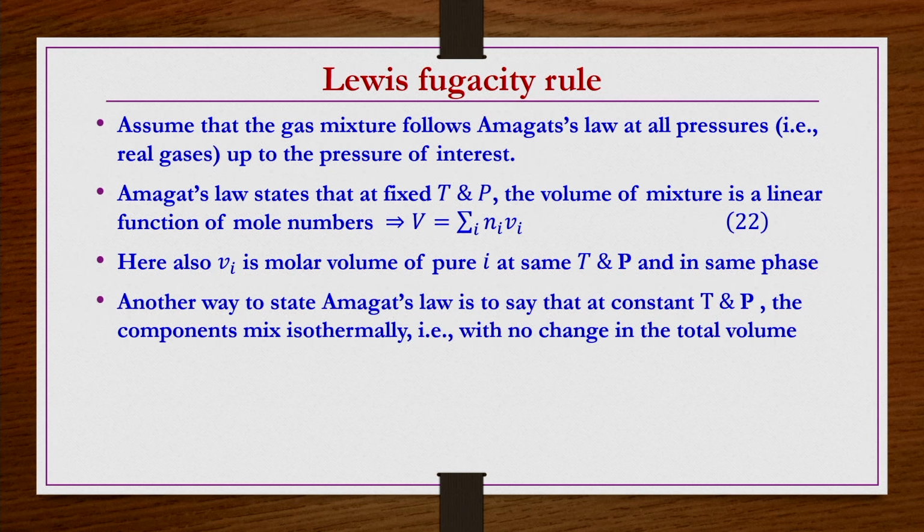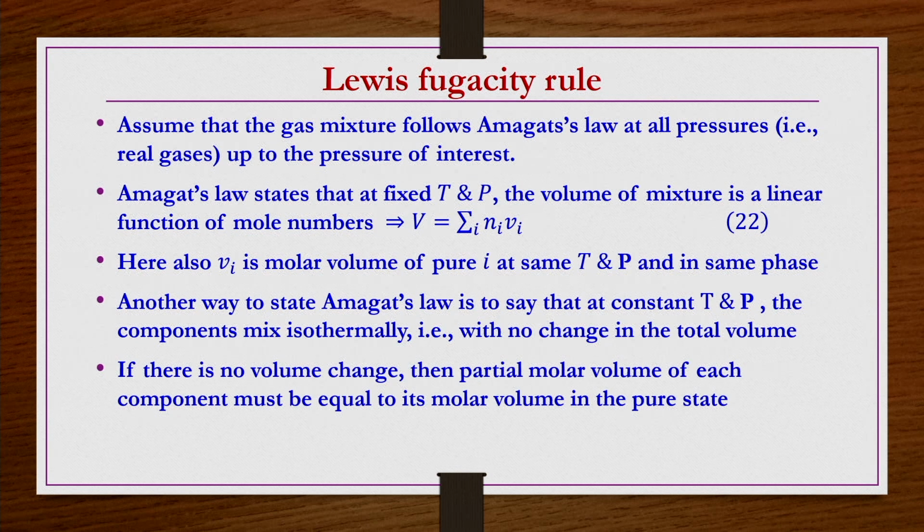Another way to state Amagat's law is to say that at constant temperature and pressure the components mix isothermally, that is, with no change in the total volume. If there is no change in the total volume, then obviously we can say that the partial molar volume is nothing but the molar volume of that particular component, that is, capital V = Σ Ni vi.